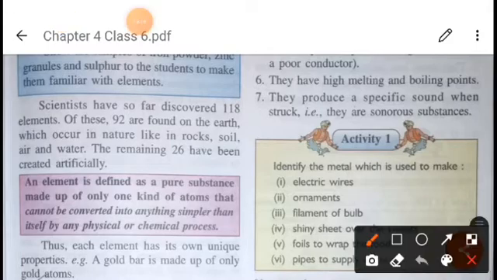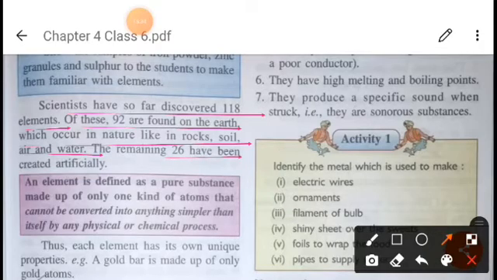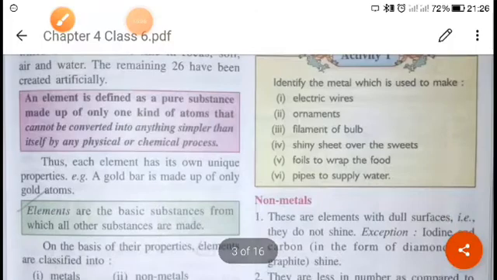As you can see, everything is written here: scientists have discovered 118 elements, out of which 92 occur in nature, like in rock, soil, air or water, and the remaining 26 have been artificially created. Means the scientists have artificially created 26 elements, and the rest 92 are from nature.